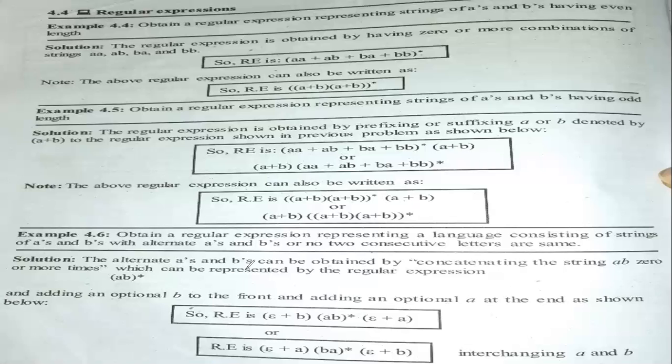What they are trying to say is: strings with alternate A's and B's, or no two consecutive letters are the same. AB is fine, no problem, but ABB you should not get.